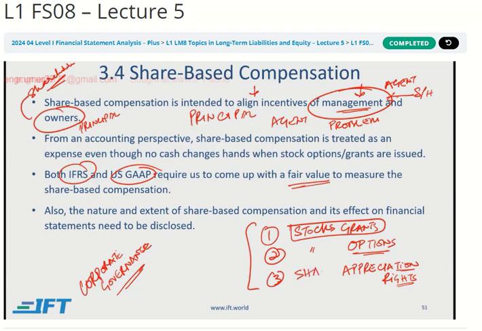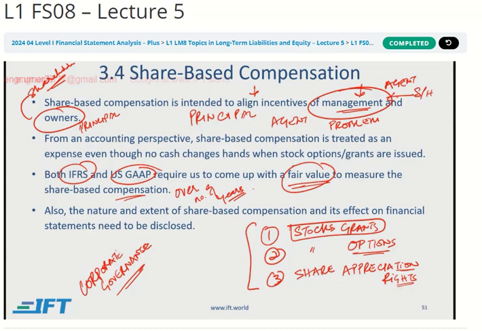It is going to have a certain fair value. And this benefit or this compensation is not given in just 1 year, it is over a number of years. So you need to take that value and divide it across a number of years.